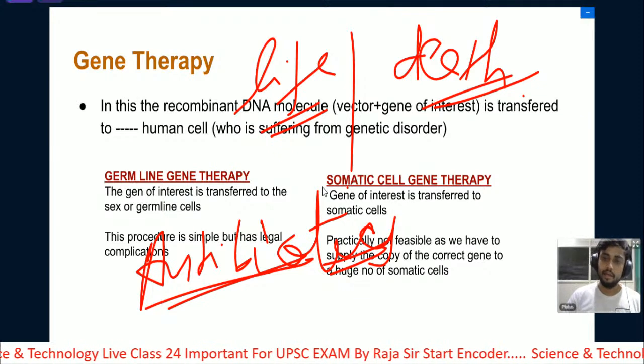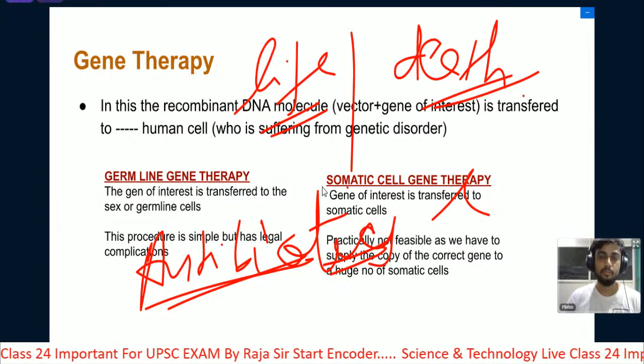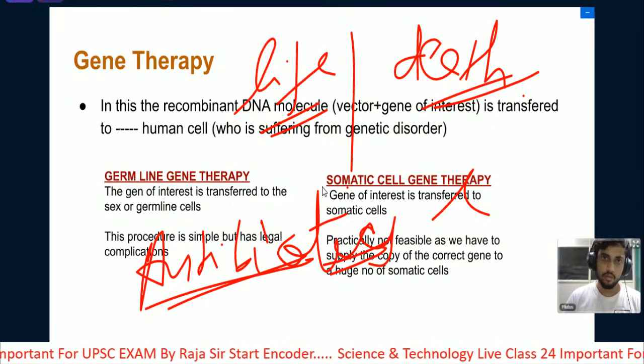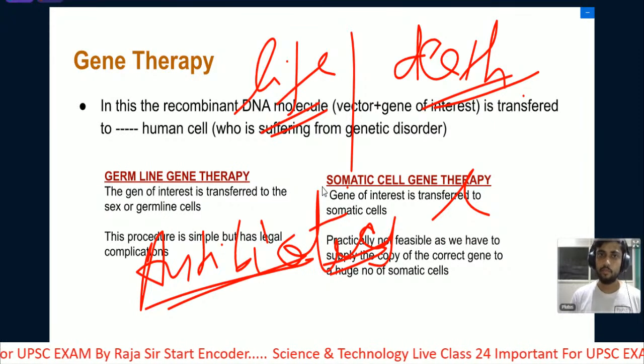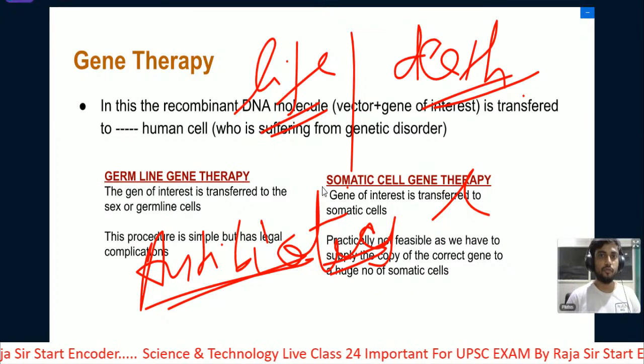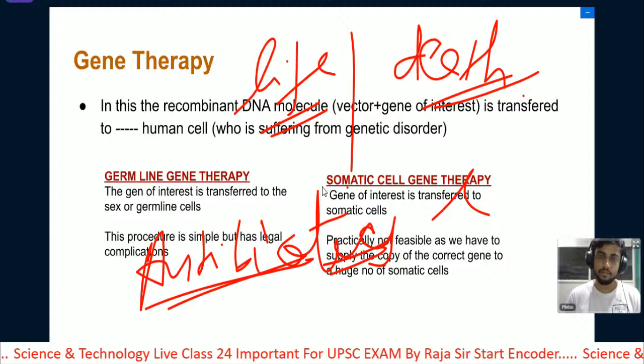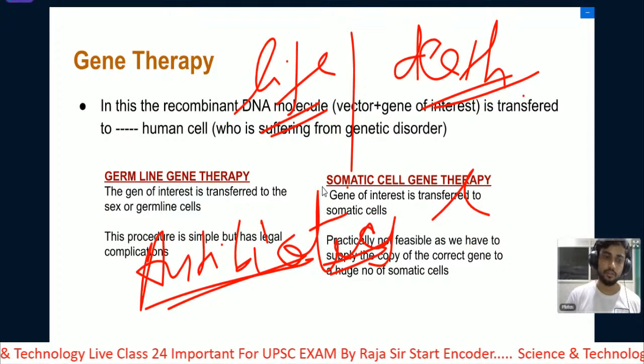Mutation is necessary for evolution, but mutation is not evolution. Mutation is any sudden change in the gene sequence, and evolution is the acquiring of specific kinds of adaptations, specific kinds of characters with time. That is evolution.